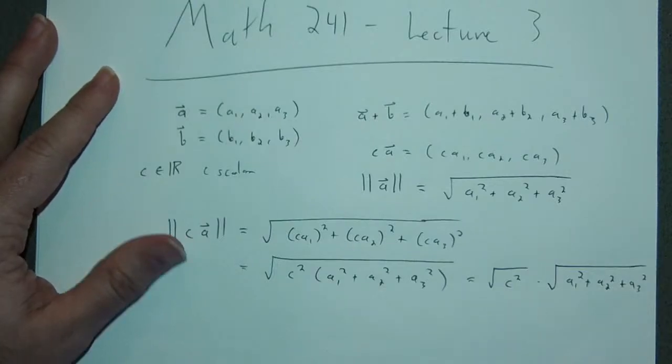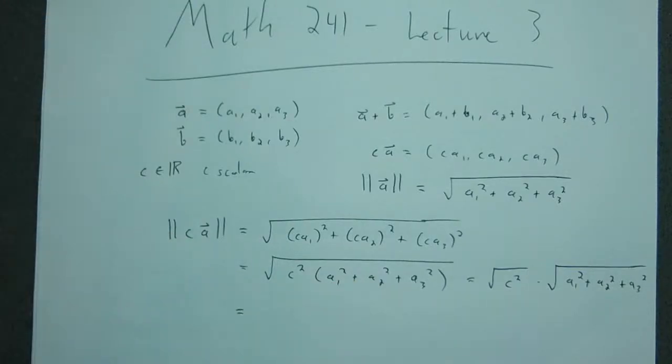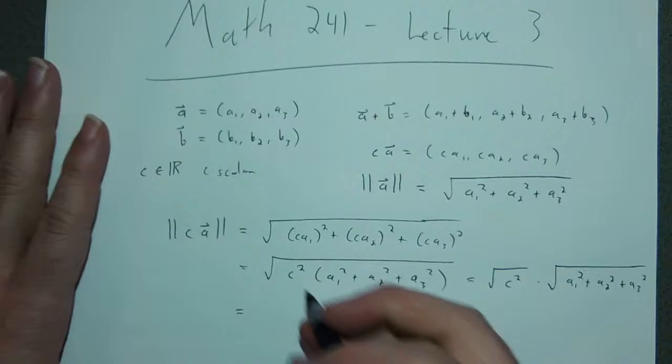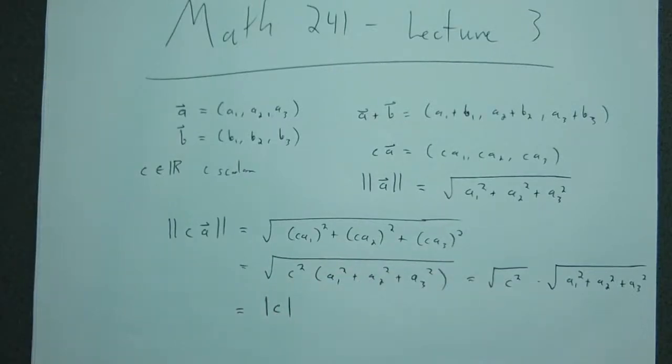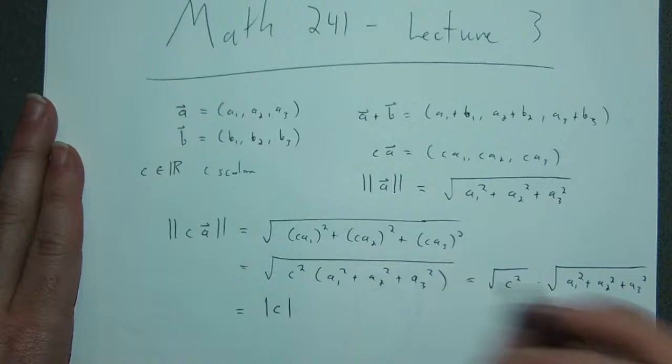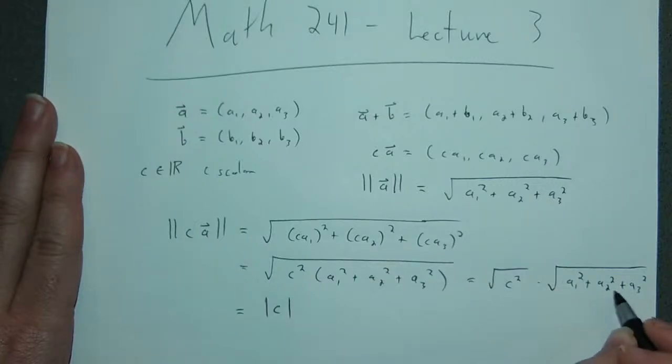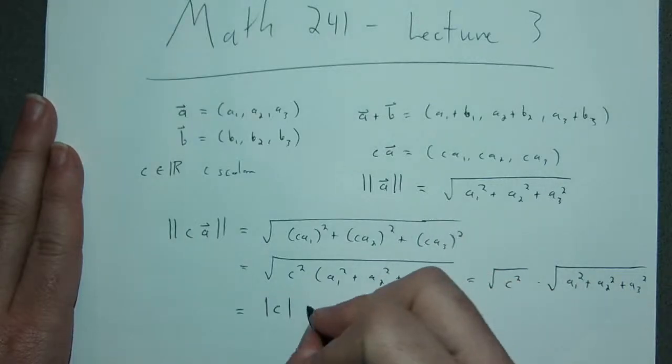What's the square root of C squared? You might be very tempted here to say, oh, the square root of C squared is C. But remember, the square root of something squared is just a fancy way of writing the absolute value of that thing. So this is the absolute value of C times the square root of A1 squared plus A2 squared plus A3 squared. That's the length of A.